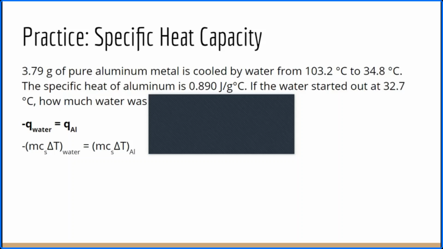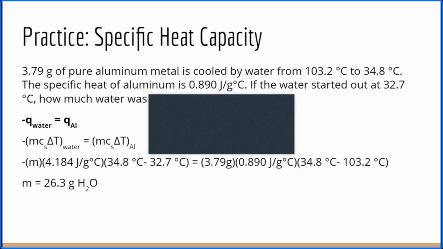And on the right, we have the mass of the aluminum, which is 3.79 grams, times the specific heat capacity, which is 0.89 joules per gram degrees Celsius. And then we also have the change in temperature, which is 34.8 degrees Celsius as the final, minus 103.2 degrees Celsius as the initial.